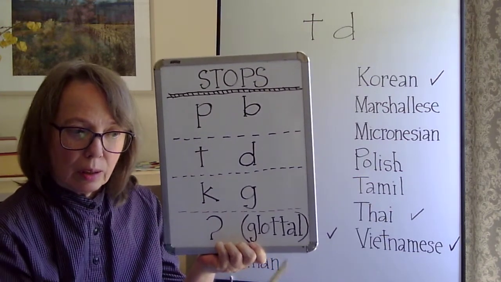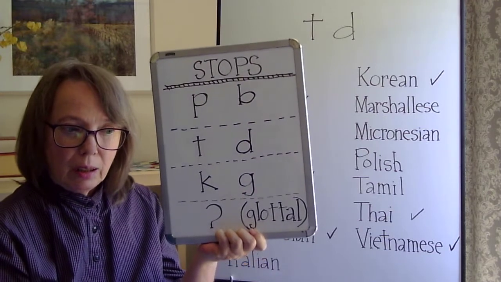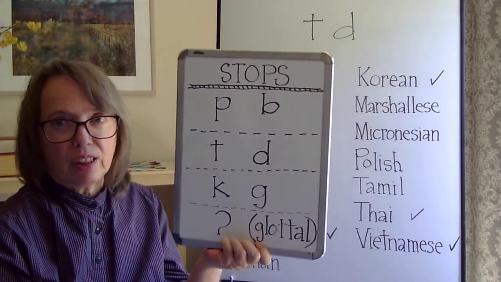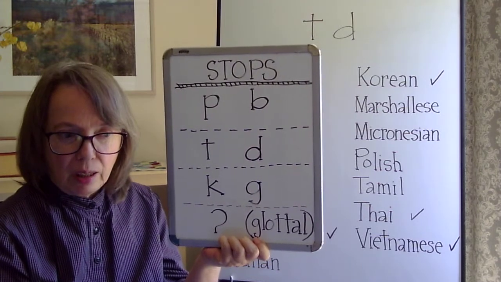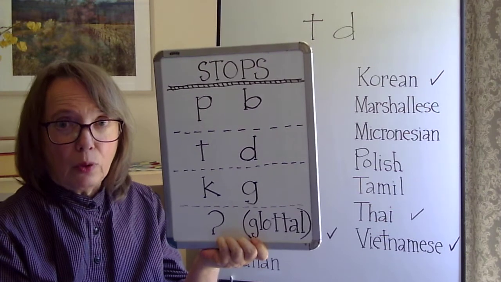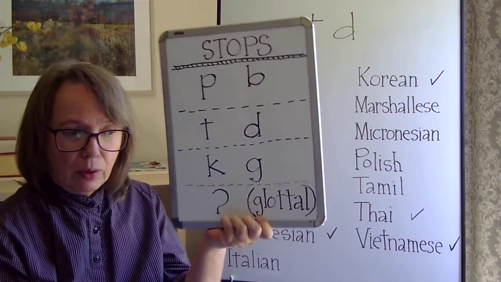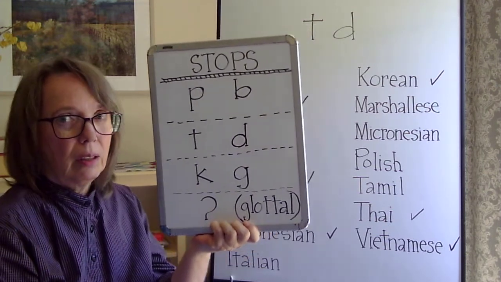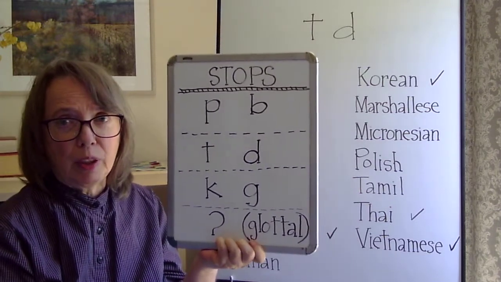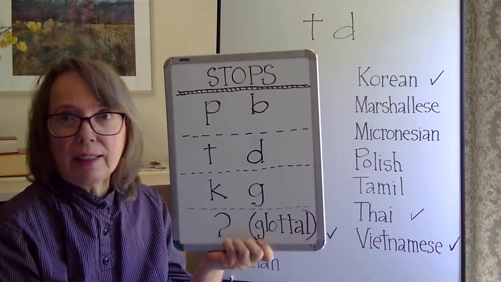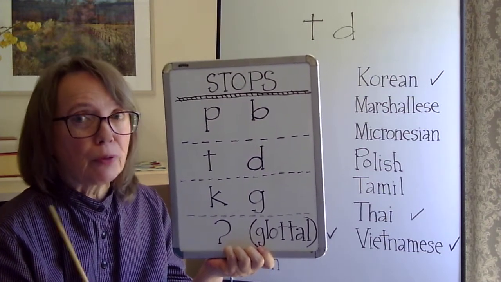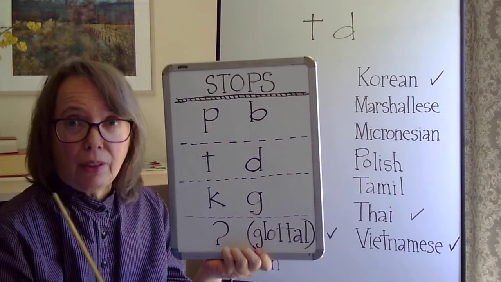So in this list, the P, the T, and the K are voiceless, and the B, the D, and the G are voiced. Now, there is a 7th stop, and it is not part of a minimal pair, and it's a glottal stop, and it's produced far back in the throat.